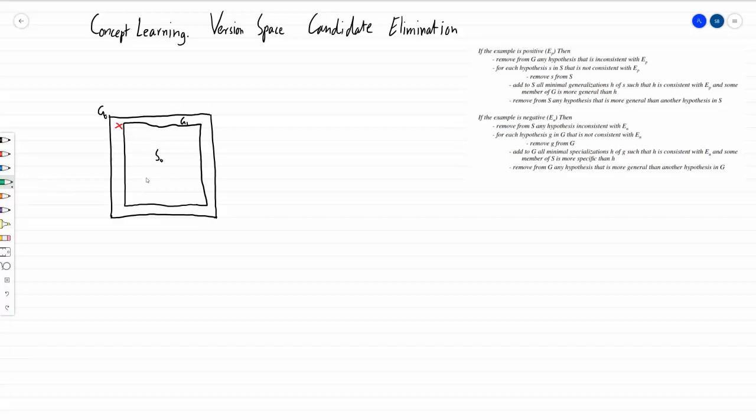And if we have something which is positive, we need to make it more general to allow that. Our specific one will have to include that in its space. So basically one keeps shrinking with negative examples and one keeps growing with positive examples.